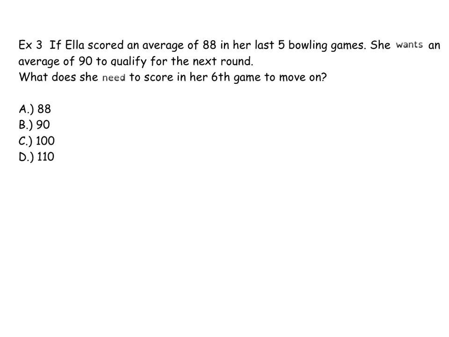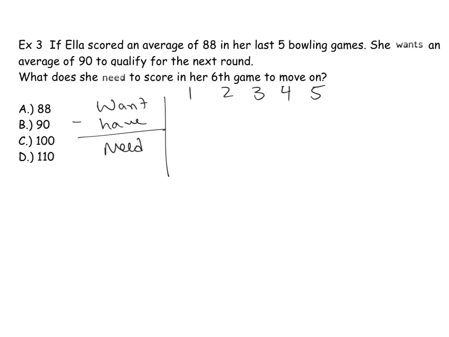So let's take a look at that same table. What we want minus what we have is what we need. So we've scored an average of 88 in the first 5, and we're trying to figure out what the 6th game will look like.